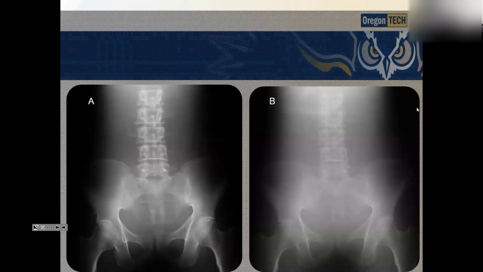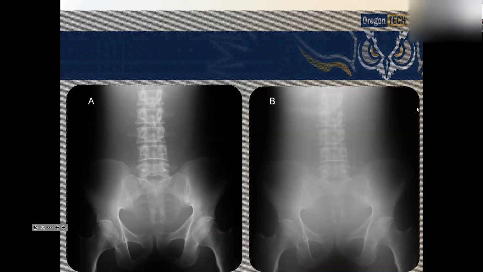And so here we have it. A is going to be higher contrast, B is lower contrast. What's the difference? A was shot at 60 kVp at 102 mAs, and B was shot at 100 kVp at like 7 mAs.